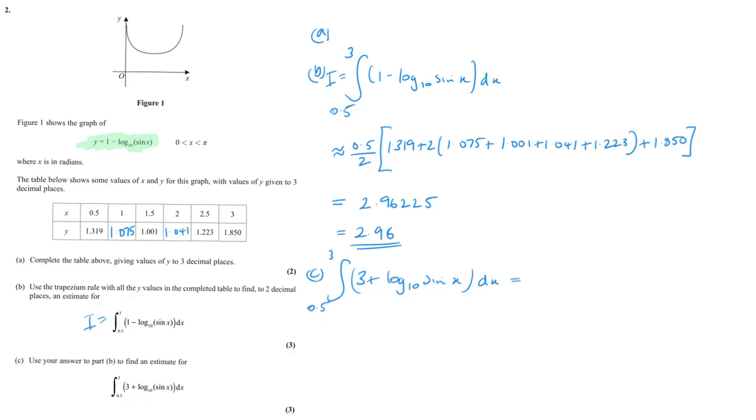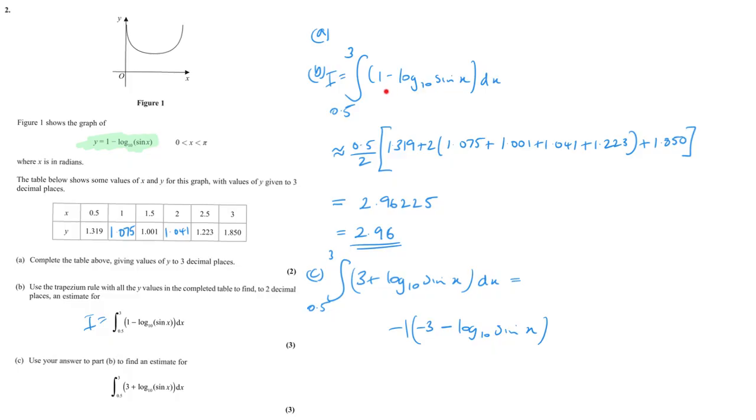So first thing I'm going to do is deal with this at the moment. Okay, so 3 plus log 10 sine x. Now if I take a minus 1 outside, then this will change to minus 3 minus log 10 sine x. Just by taking that minus 1 outside.